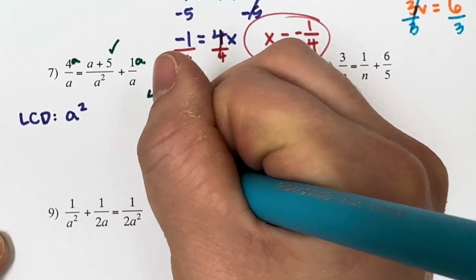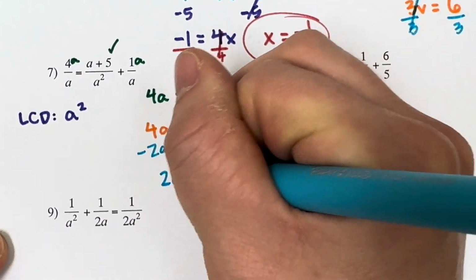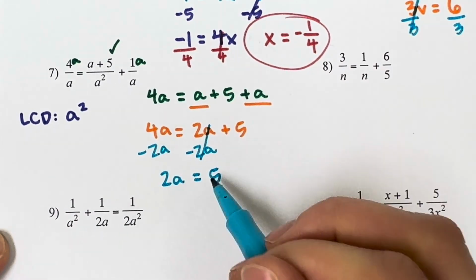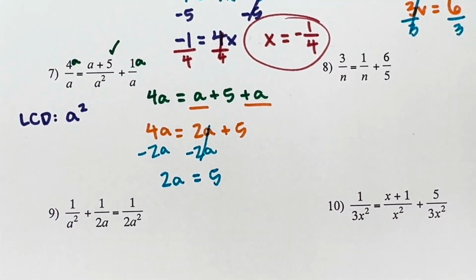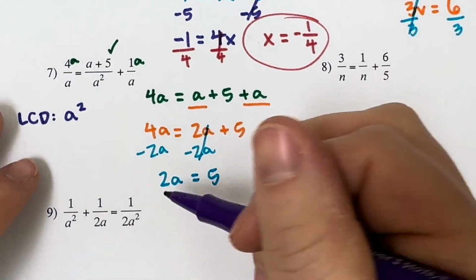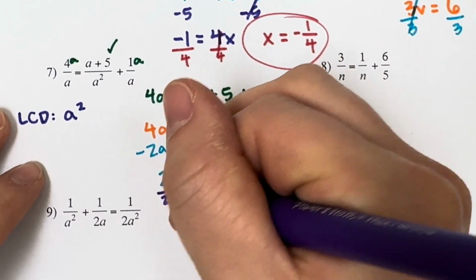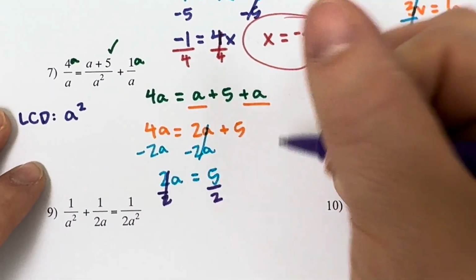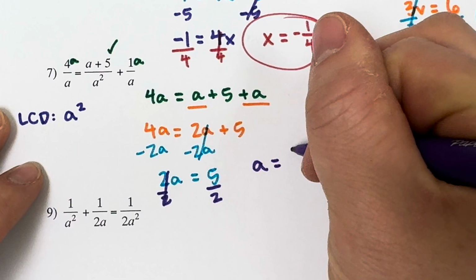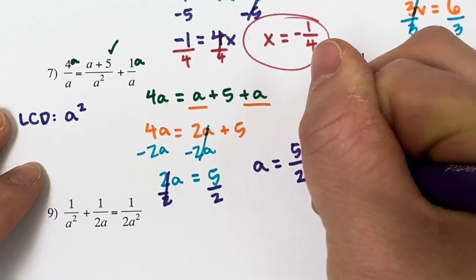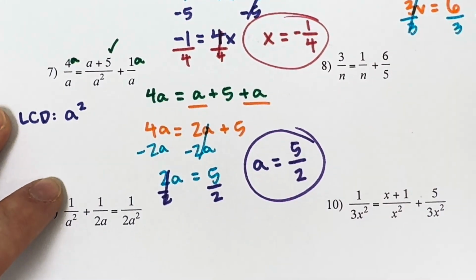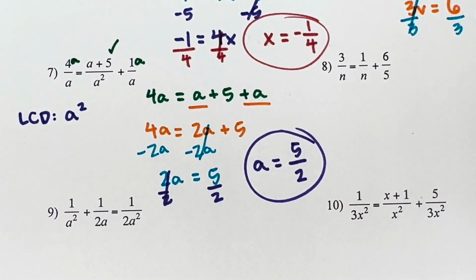So now I have 4a minus 2a is 2a. 2a equals 5. And my last step, opposite of times by 2 is divide by 2. We get a fraction here, but that's totally fine. a equals 5 halves. And there we go. We solved for our variable.